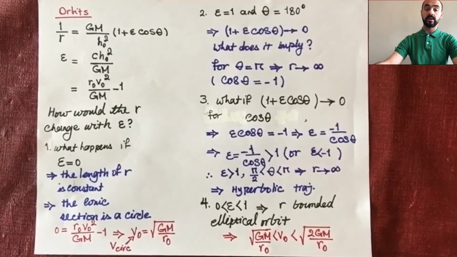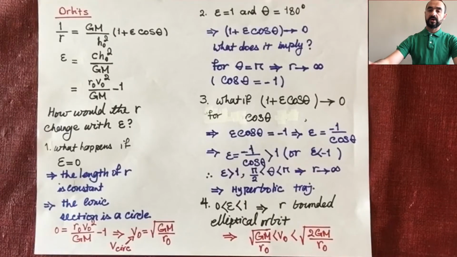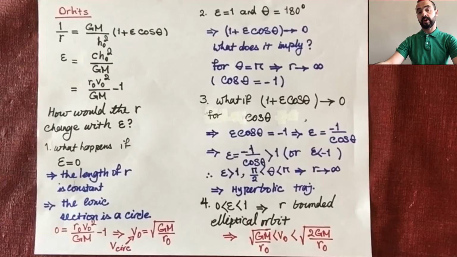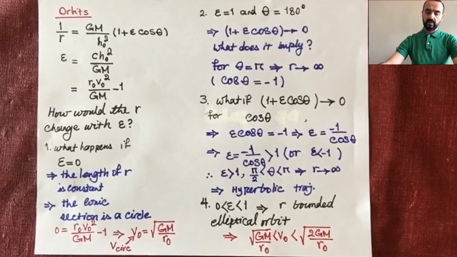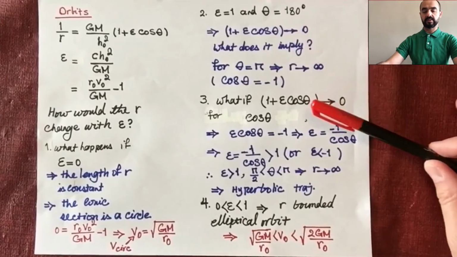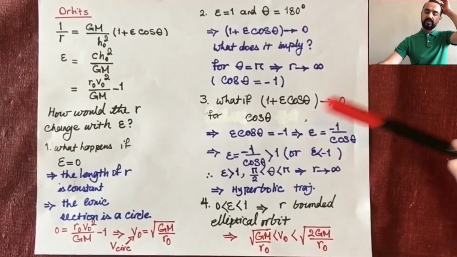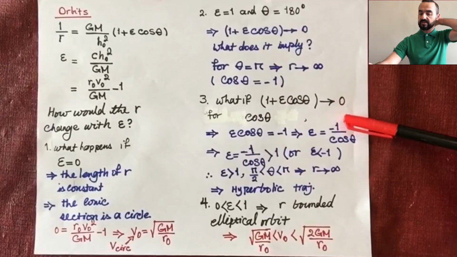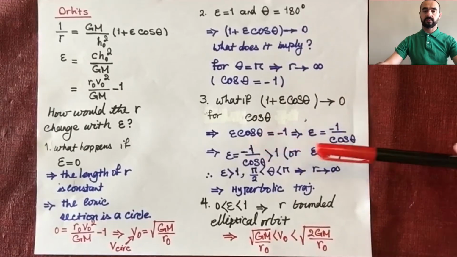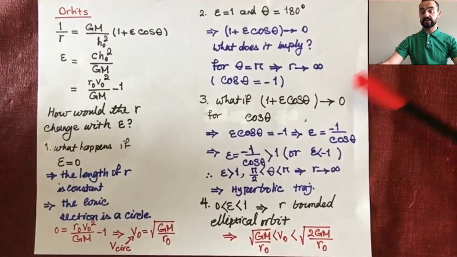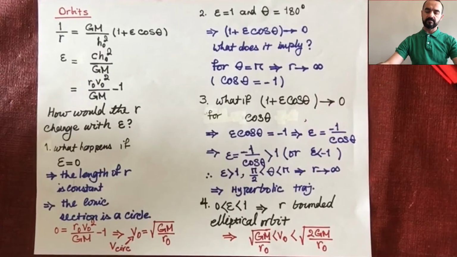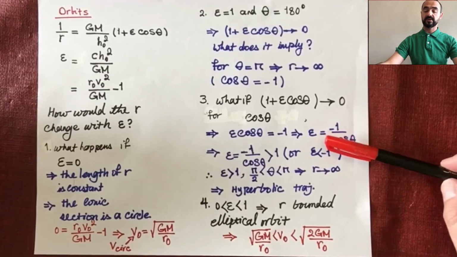You could think about them as trajectories, where theta is not necessarily 180, but still we have r equal to infinity. So 1 plus epsilon cosine theta goes to 0, and epsilon cosine theta is equal to minus 1 as a result. So epsilon is minus 1 over cosine theta.